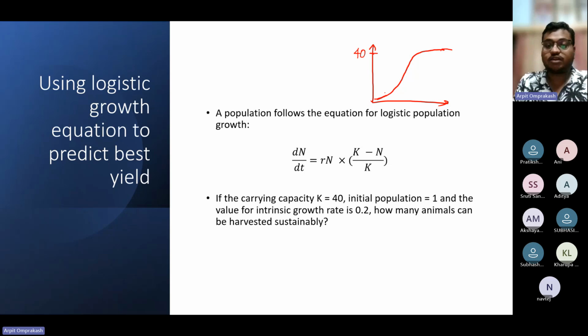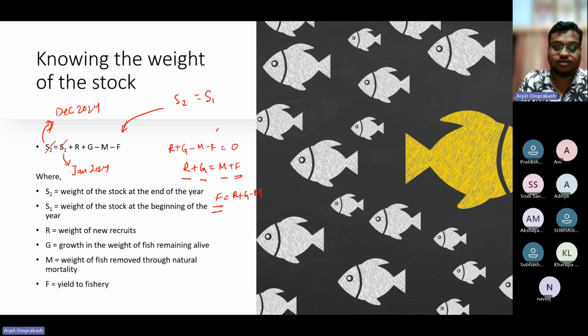So how many animals can we harvest sustainably is the question. If we want to maximize our yield, what we should be doing is catching animals during this log phase of growth, because as we see here before, this F depends on the total growth of the population, which is the addition of biomass due to new recruits, and also addition of biomass due to growth of the fishes that are alive, minus the mortality.